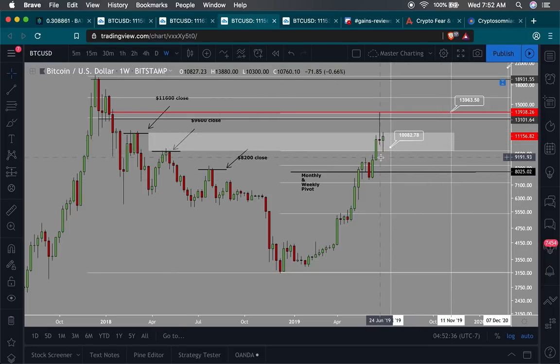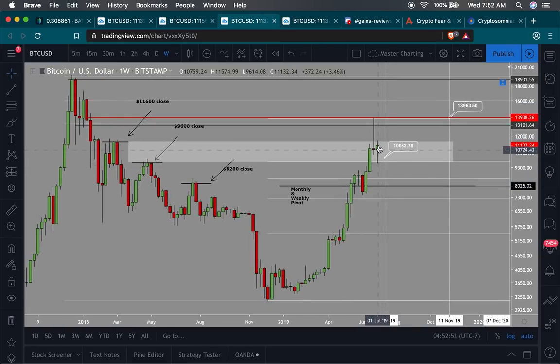That would be, at least in my opinion, the first sign of more uncertainty. And then the next supports would probably be about 8,800, maybe even $8,200, $8,300. So keep that in mind if you're a bit scared and you think that prices are going to go deeper, or you just want to wait for this weekly to close.